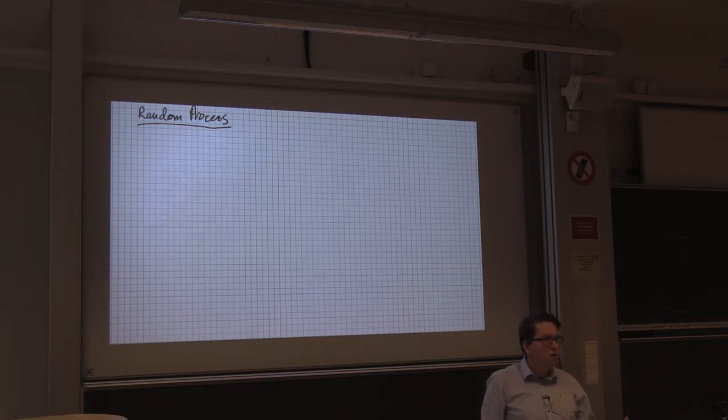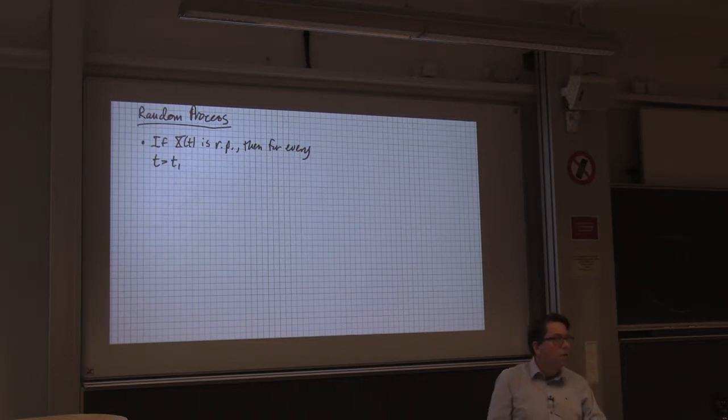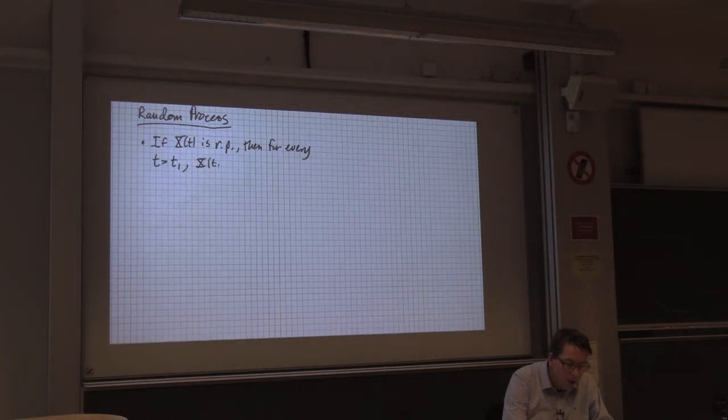Okay, so a random process is essentially a sequence of random variables. So if capital X of t is a random process, then for every fixed t, say when time is equal to t1, X of t1 is a random variable.